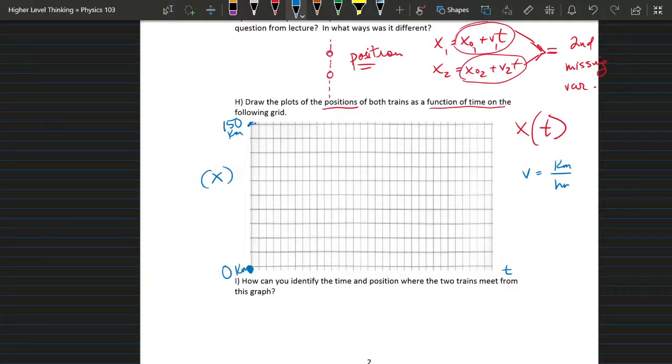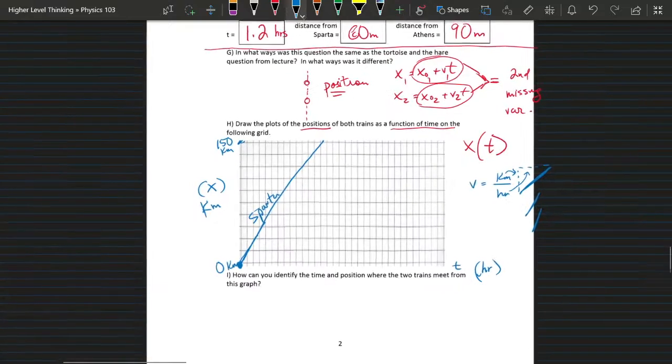So we could think of distance as kilometers and time as hours, which means anytime you have a velocity, you can represent that as a slope, rise over run, rise being kilometers and run being hours. So the greater the slope, the faster the velocity, because you're rising faster in a given amount of time. So we could say that this slope here represents the path of the Sparta train.